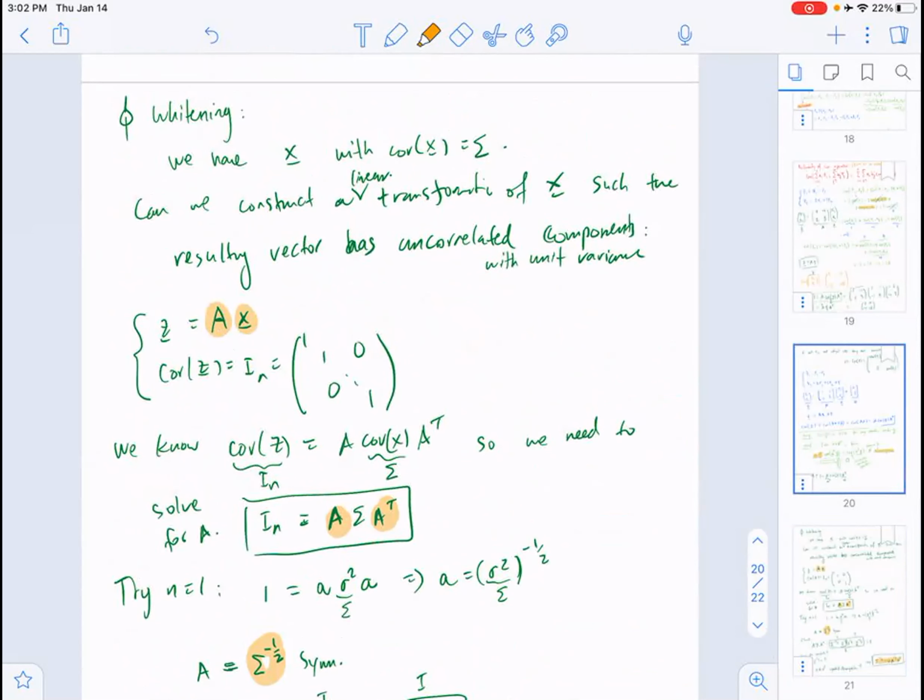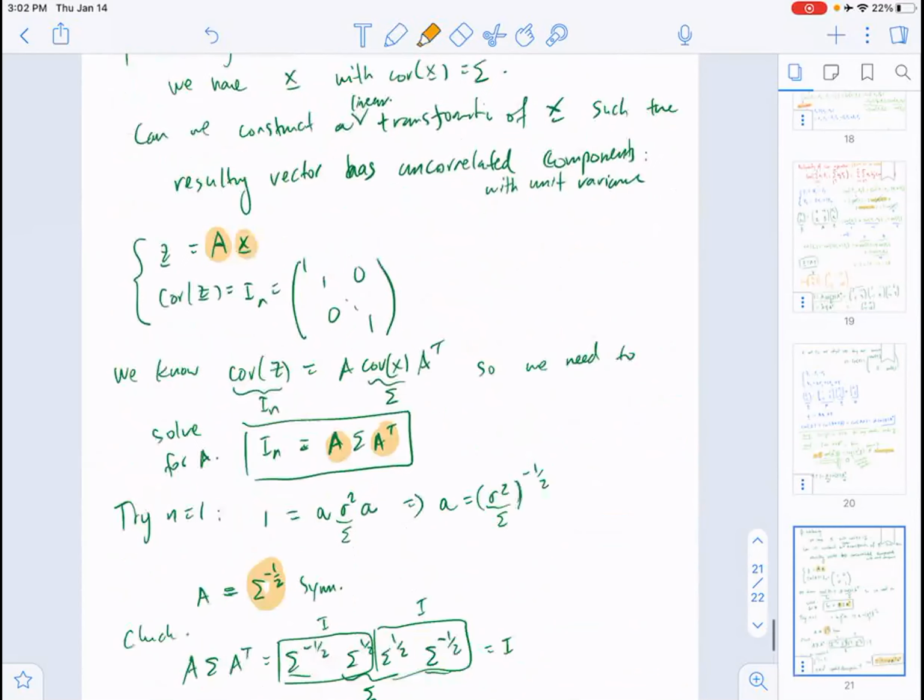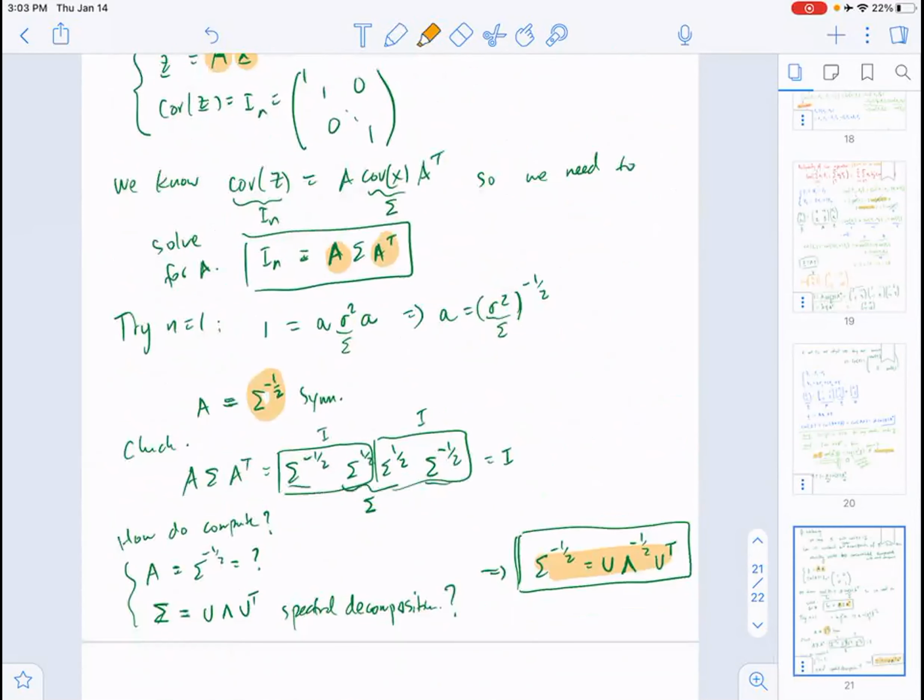So this operation of multiplying X by a matrix to make the result uncorrelated and have unit variance is called whitening or decorrelation. It's very similar to the idea you use to standardize a single random variable. For example, if you have a random variable with zero mean, you divide it by its standard deviation, and it will have unit variance.